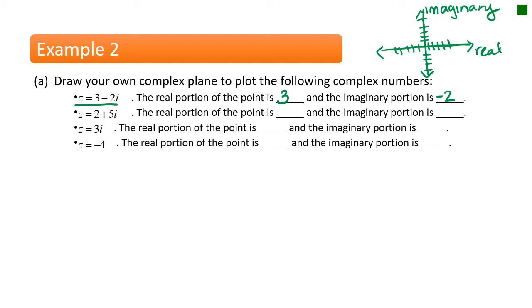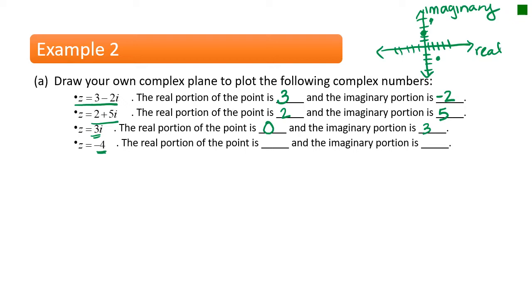So that's going 3 on the real, -2 on the imaginary, so that would put us right there. 2 is the real here, 5 is the imaginary, so 2 on the real, 5 up on the imaginary. Here, this 3i, there is no real portion, so that's going to be 0. And then the imaginary part is 3, so 0 is right here, and then up 3.